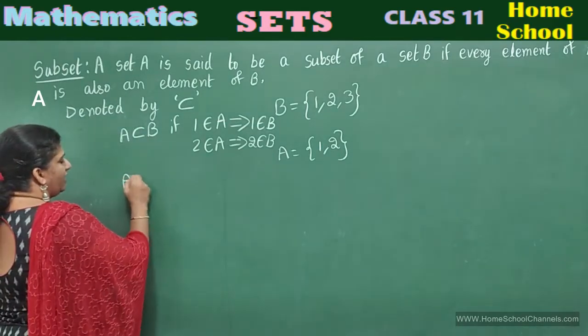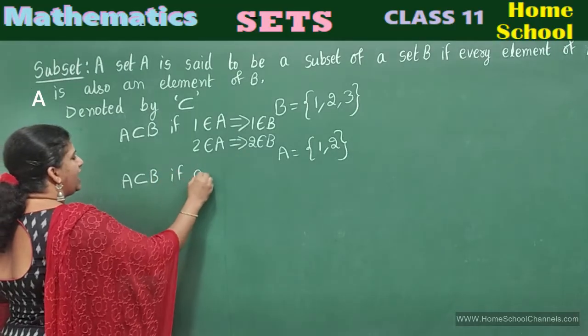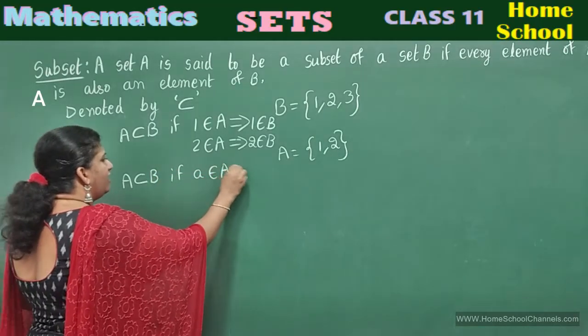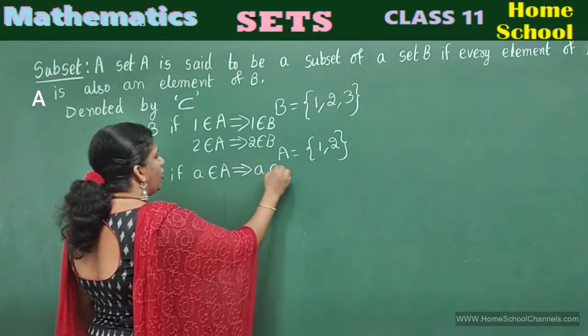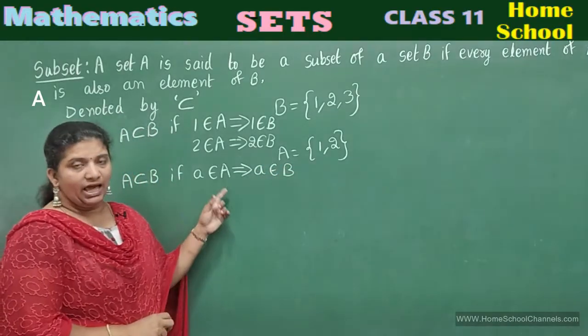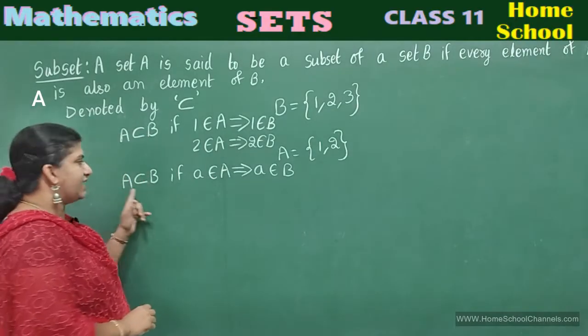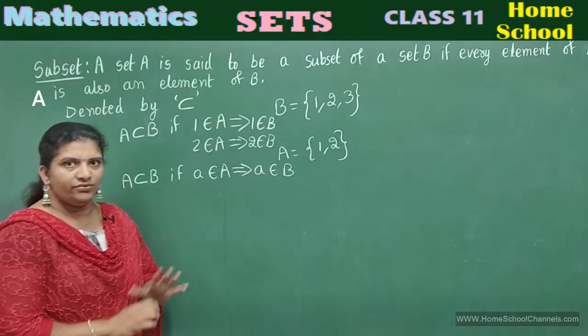Normally you say A is a subset of B if a belongs to A implies a belongs to B, where a is an element of A and a is also an element of B. A subset of B. Right?